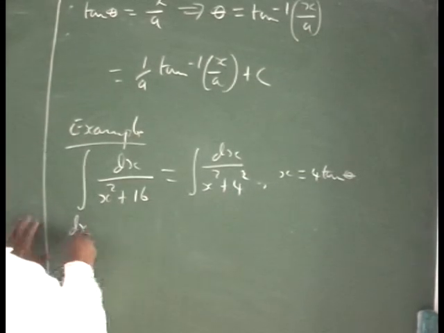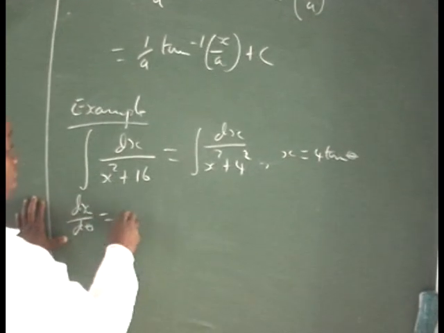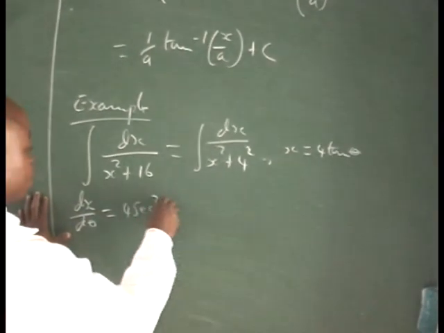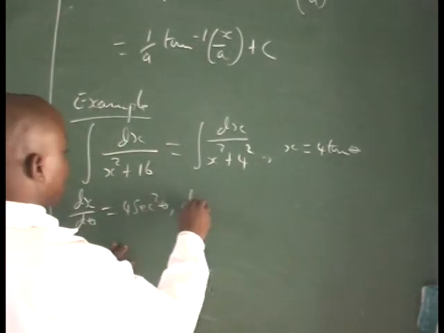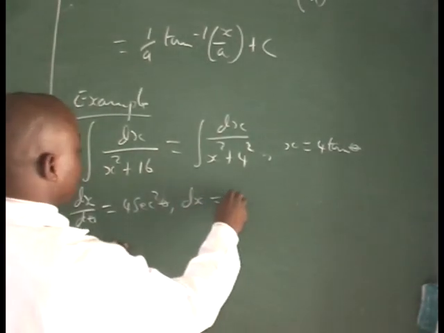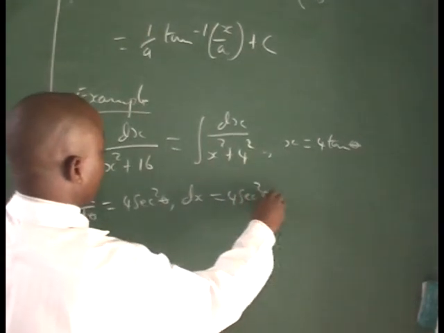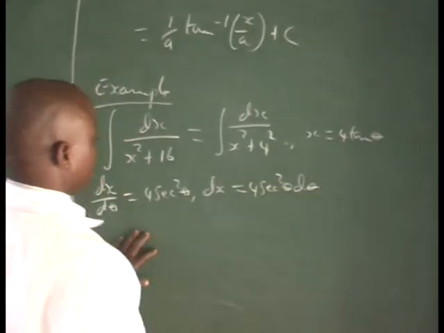Now look at x equal to 4 tan theta. Then dx over d theta will be 4 sec squared theta, which means that dx is the same as 4 sec squared theta d theta.